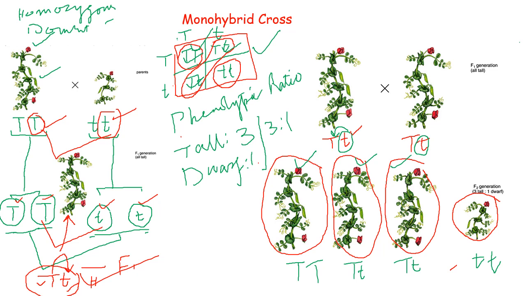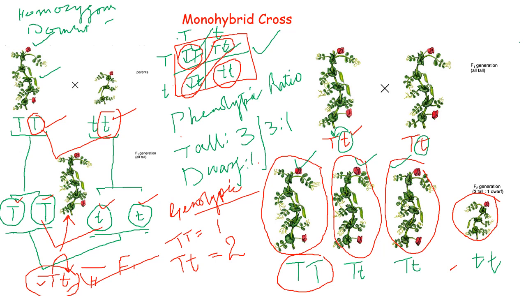Now if we look at the genotypic ratio, we look at the composition of the alleles, the composition of the genes. How many times do we have capital T and capital T? Only once. How many times do we have capital T and small t? Twice.